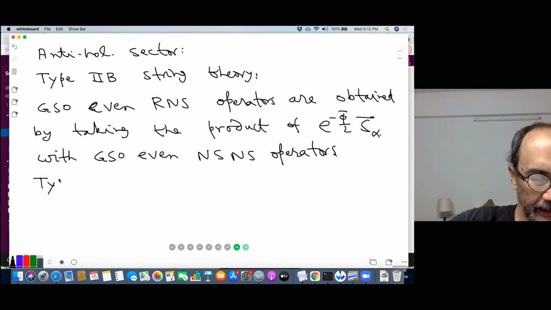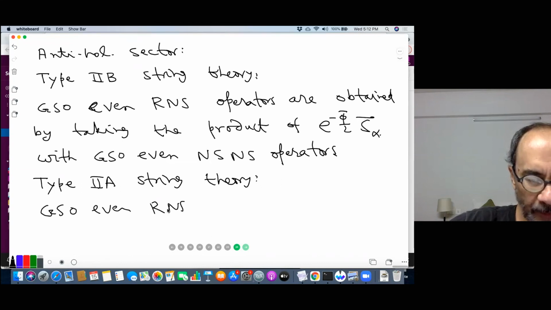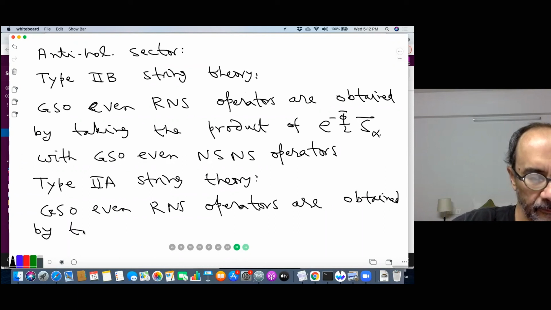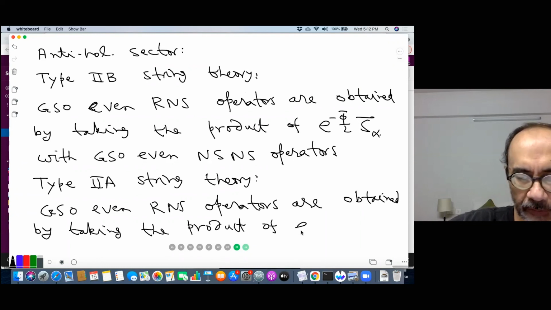In type 2A, here it's opposite. Here the GSO even RNS operators are obtained taking the product of e to the minus phi bar by 2 s bar alpha.